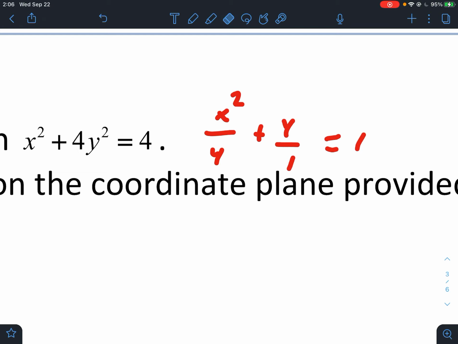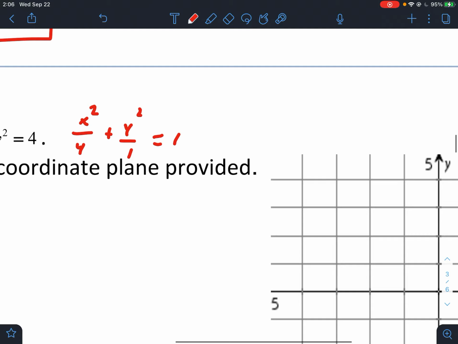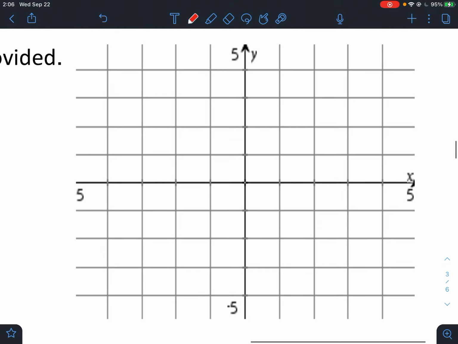So we're going to go left and right 2 units, square root of 4, and up and down 1 unit, square root of 1. And there's your ellipse.